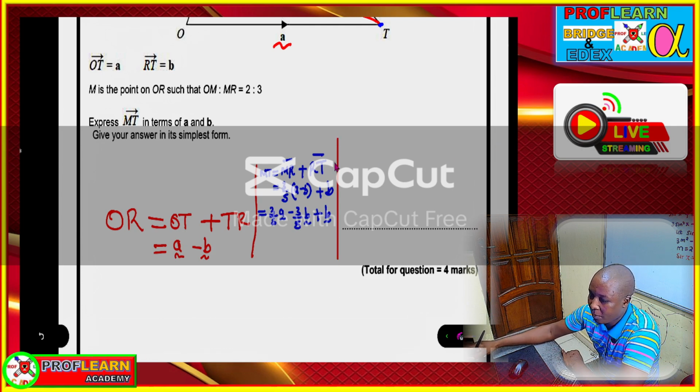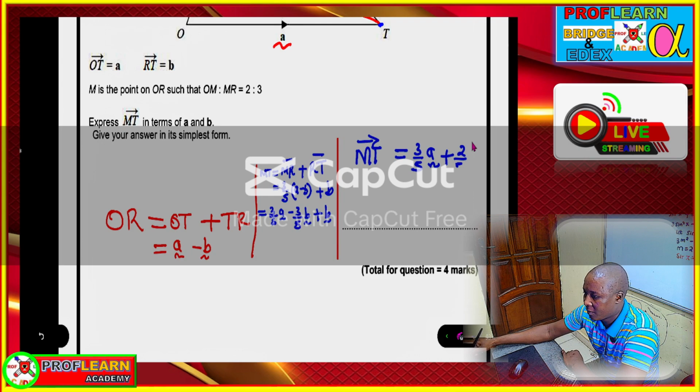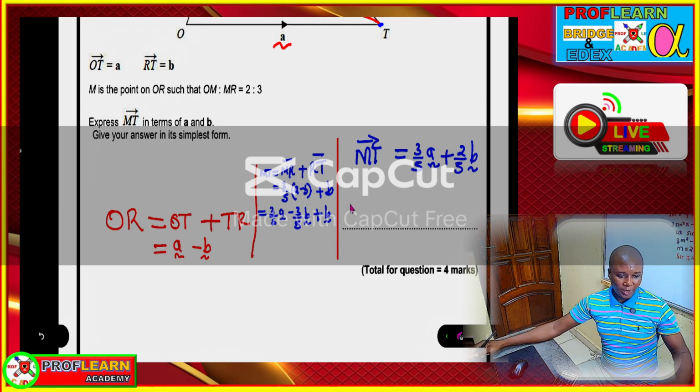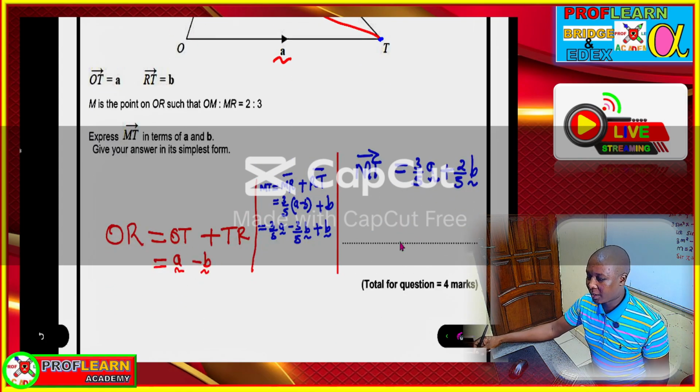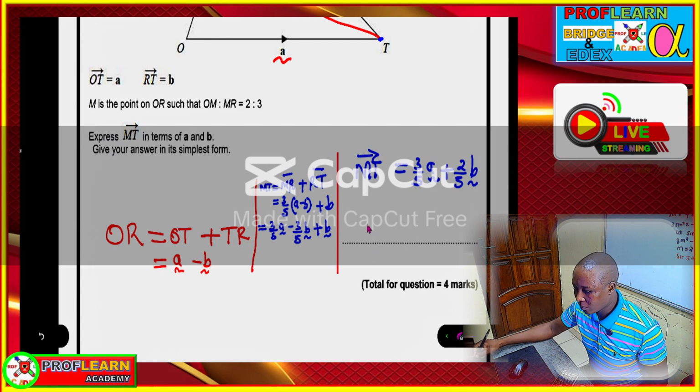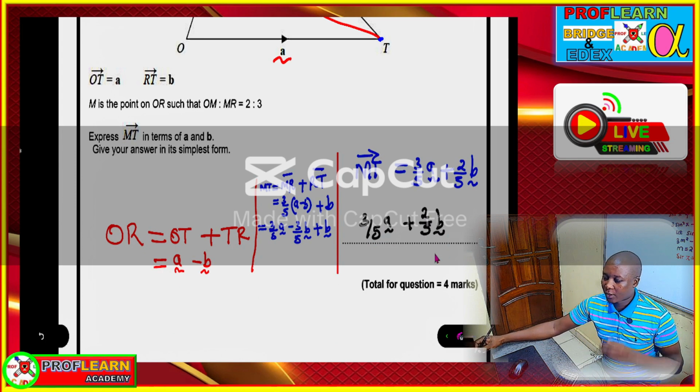So now if we simplify that, we have our MT equal to 3/5 vector A plus B minus 3/5 is going to be 2/5 vector B. So that is the simplified form of the expression, and that is the final answer.